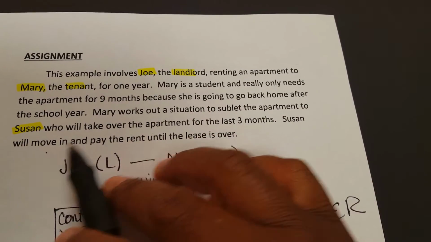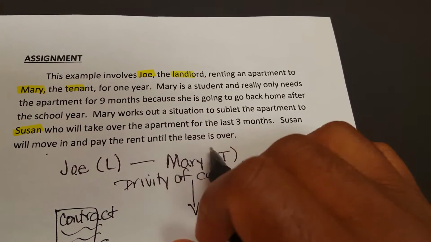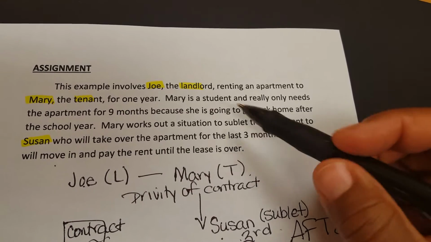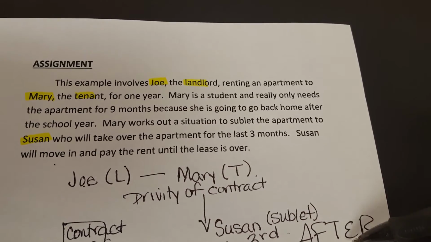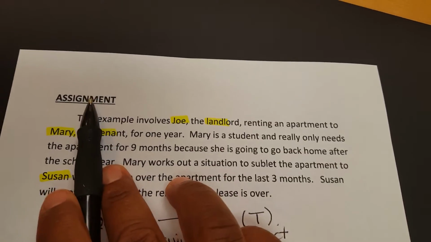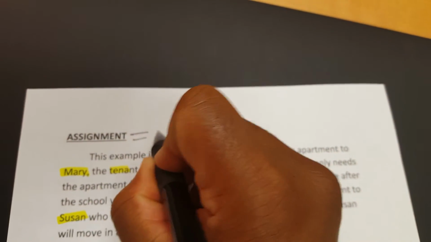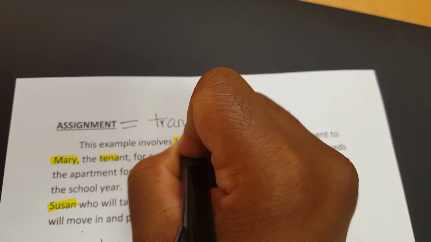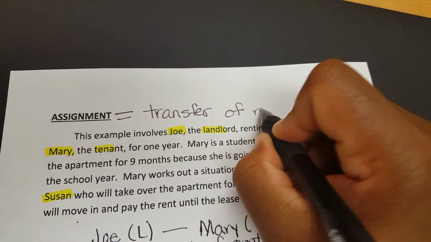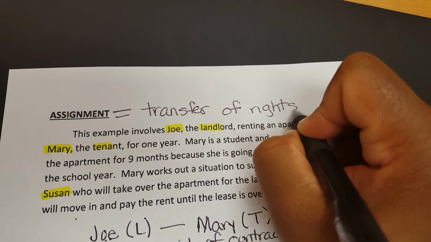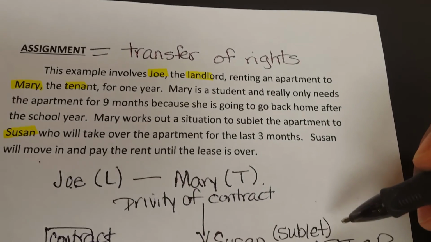So she's going to move in, pay rent, and so Mary's rights to the apartment are being transferred. So an assignment is a transfer of rights, and that's what you have going on here.